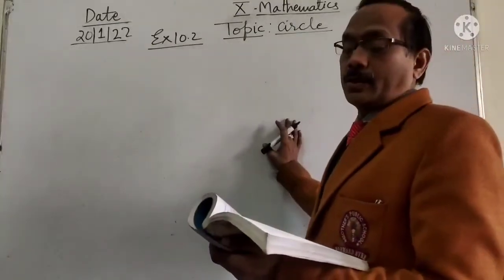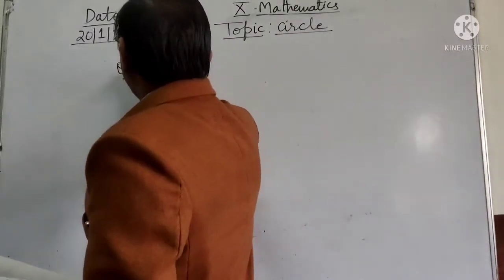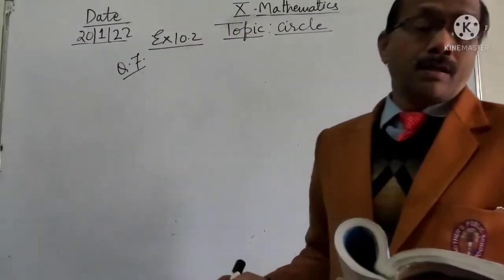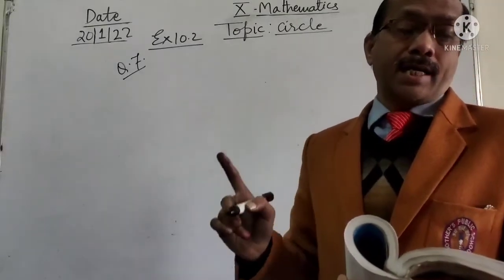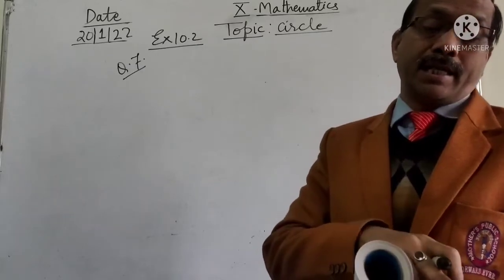Now next is question number 7. Two concentric circles of radii 5 cm and 3 cm.